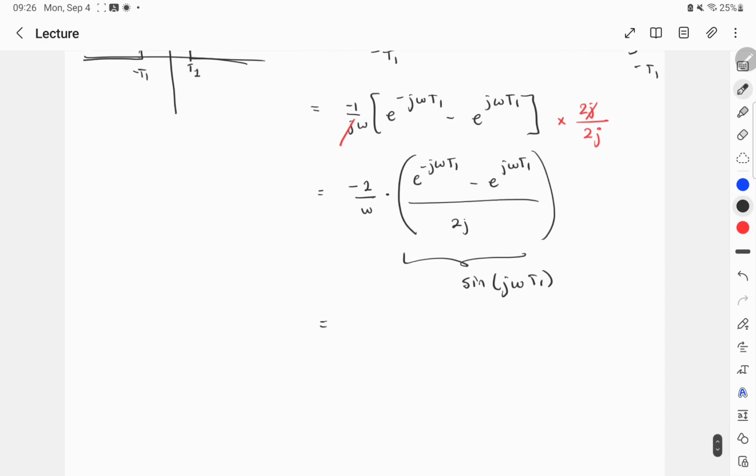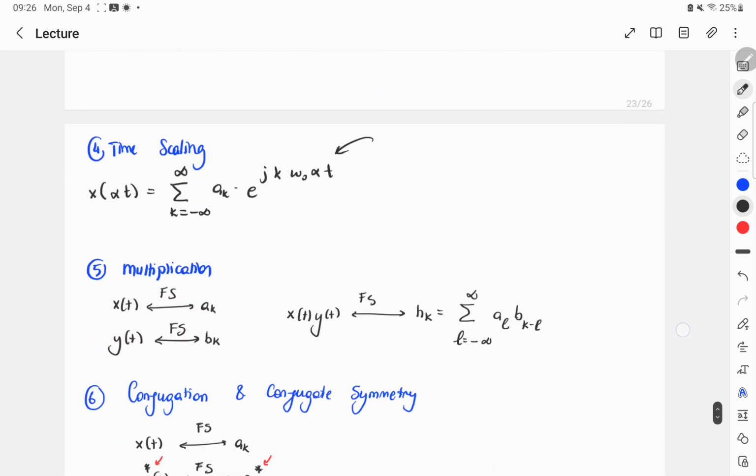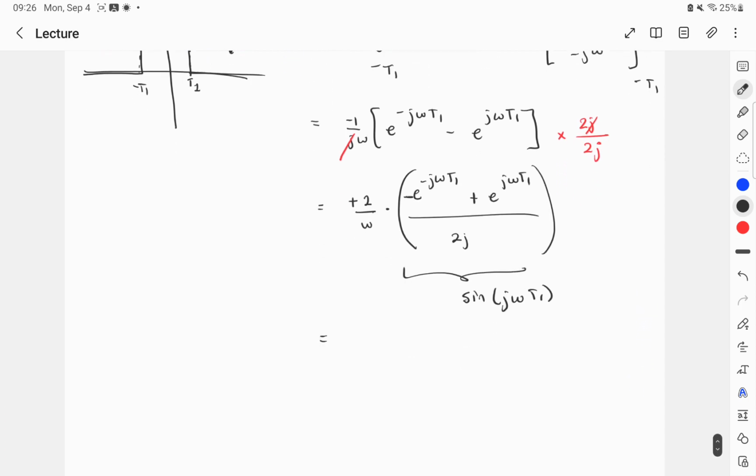So we will basically put this negative inside the parentheses. Eventually we will have 2 sine wT1 over w. And here is the end of this question.